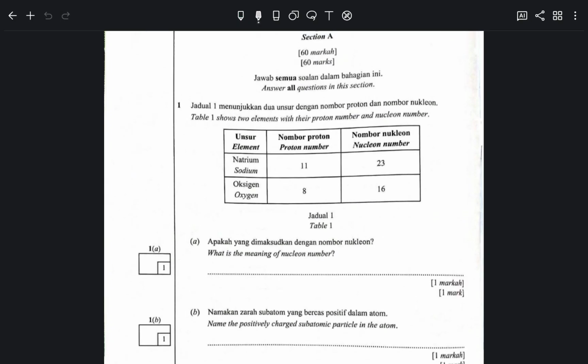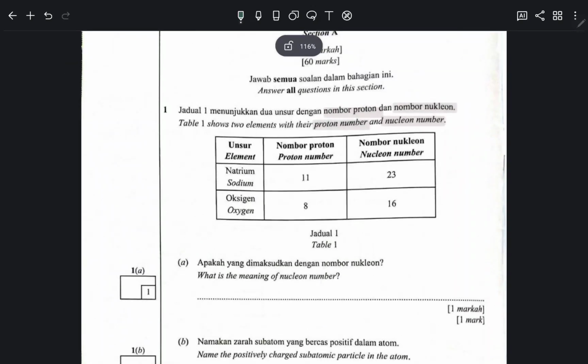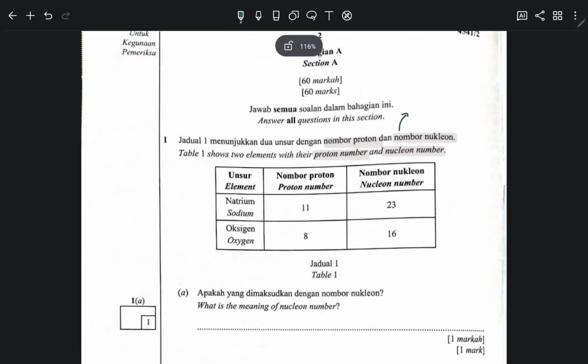Okay, so the first question: Table 1 shows two elements with their proton number and nucleon number. You should remember one thing: nucleon number is proton plus neutron.